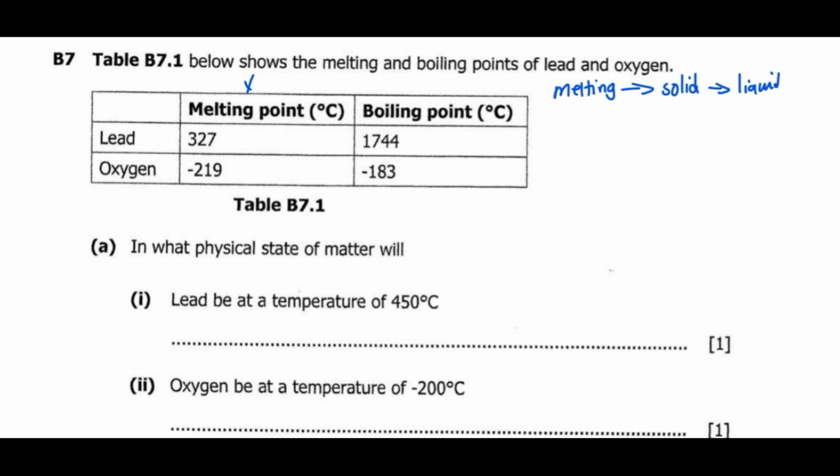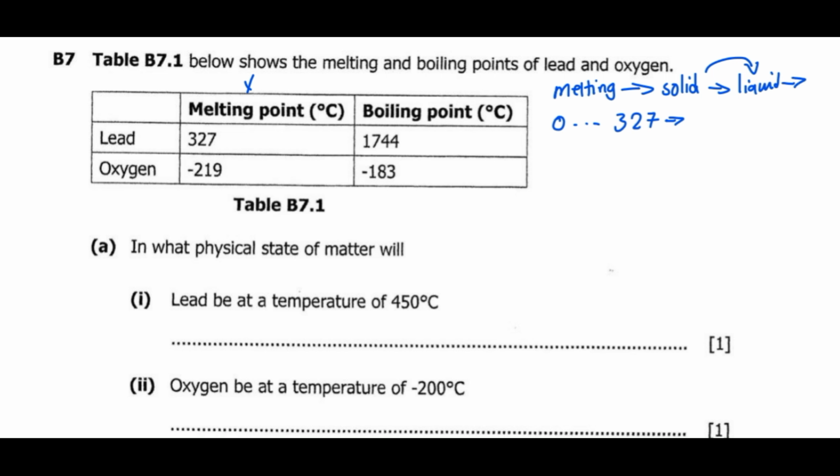If the temperature started, let's say, from 0, and it reaches 327 for lead, then our lead, which is in solid, will start to convert into liquid. So any temperature above 327 will indicate that we are going to have a liquid.